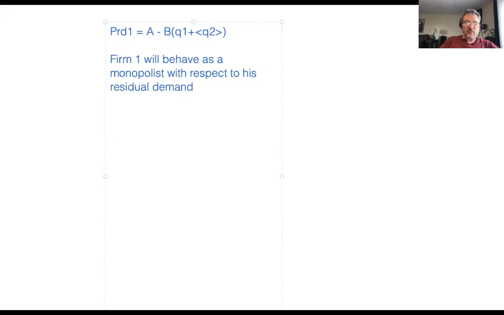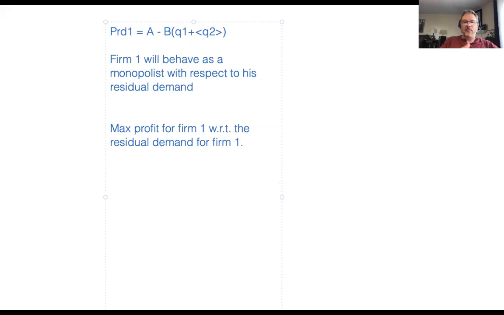Because then the profit maximizing behavior is maximize profit for firm 1, and that's with respect to the residual demand for firm 1.